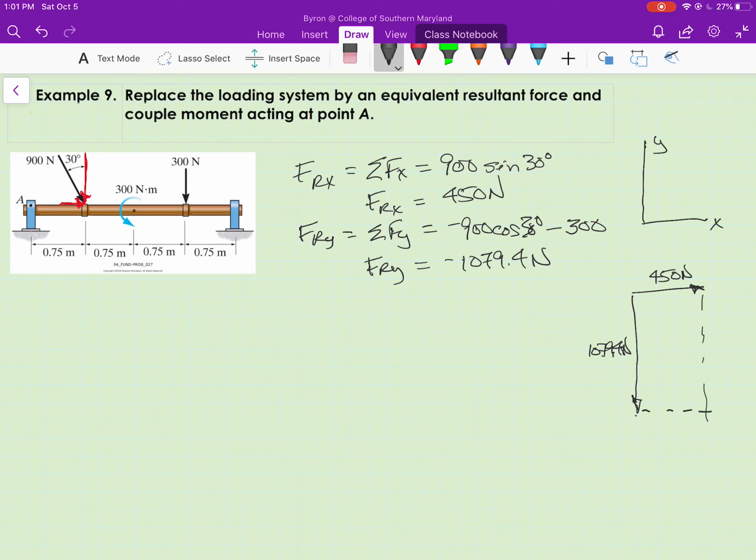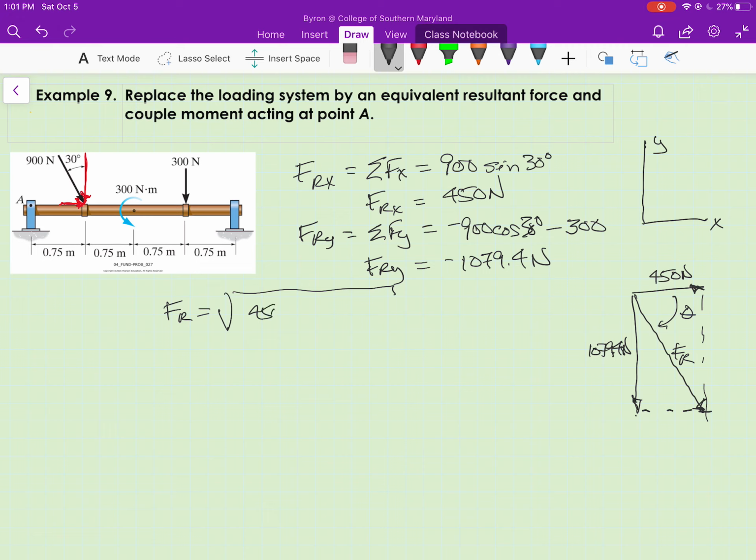The resultant of those two components is shown here, F sub R acting at an angle theta, and I can calculate F sub R by finding the square root of the sum of the squares of the two components.